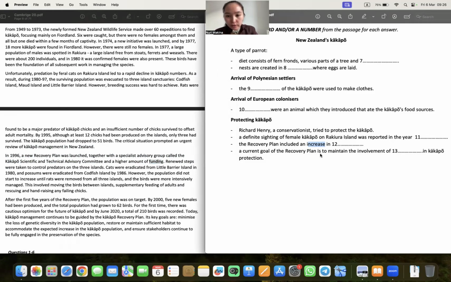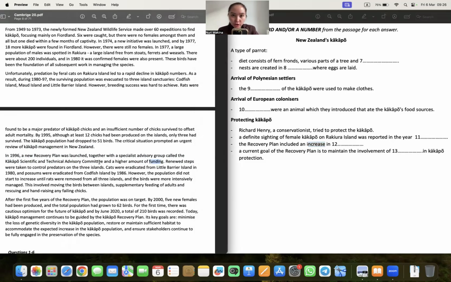A current goal of the recovery plan is to maintain the involvement of blank in kākāpō protection. Protection. As I earlier mentioned, whenever you read a reading passage, please keep in mind to use the spare space to write down a little summary of the paragraph, because it helps you complete the tasks faster.